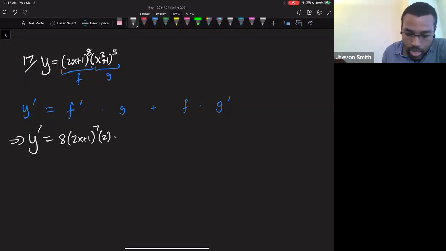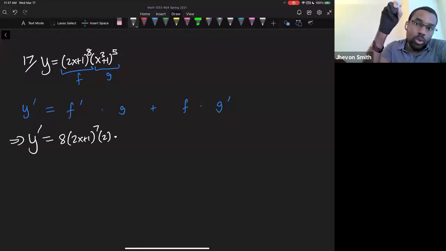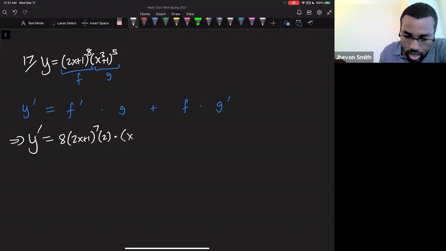Let's not skip the step here. Even though you would get 16, I just wanted you to tell me the intermediate step. So you do the chain rule. The 8 comes down, you multiply, you subtract 1 from the power, but then you have to multiply by the derivative of the inside, so that's where the 2 comes from. So that's why it ends up being 16. And of course, now you multiply by the G.